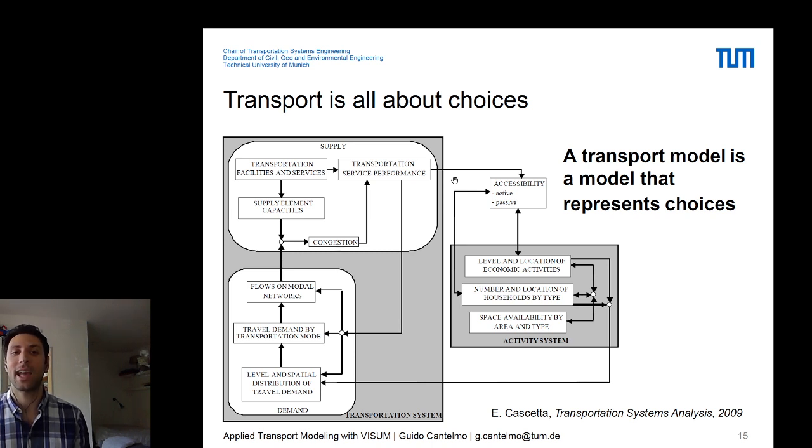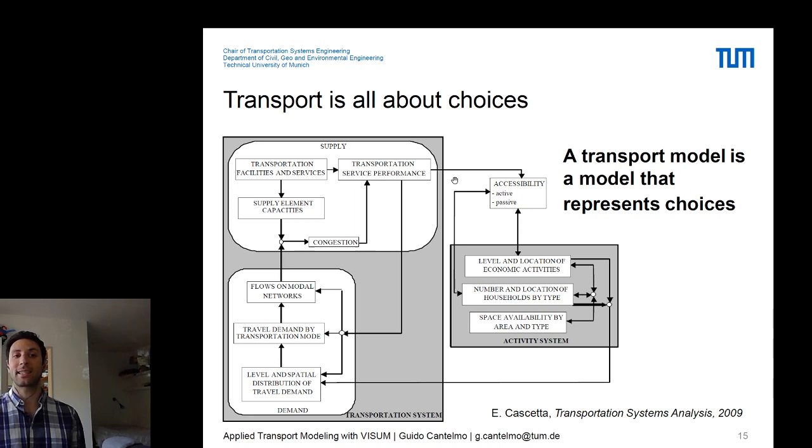For instance, you might have a road, but it's pretty different if you have a primary road or if you have a motorway. If you have a motorway, you are talking about large flows. If you have small primary roads, you are probably not expecting a lot of people moving on that segment. And the last element is the level of service, or the performance.